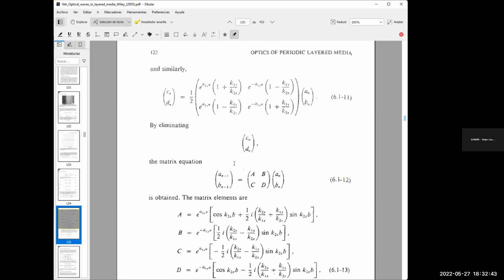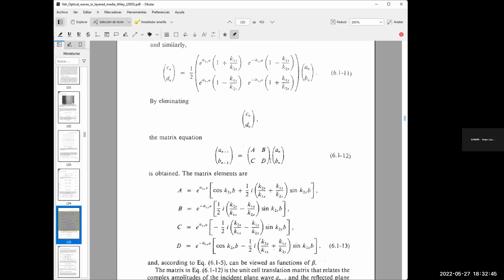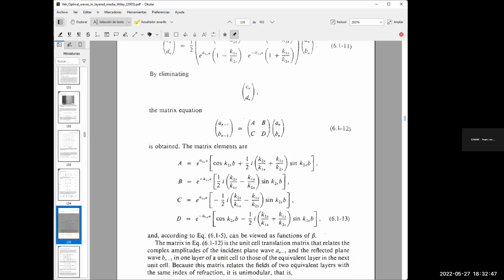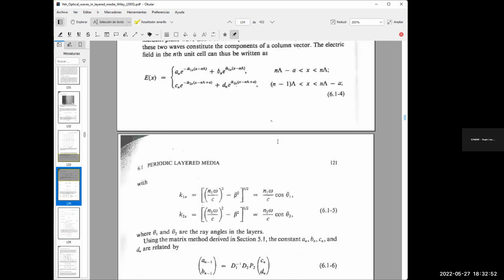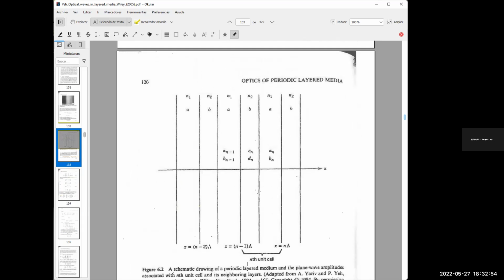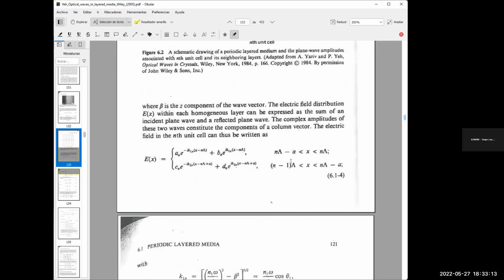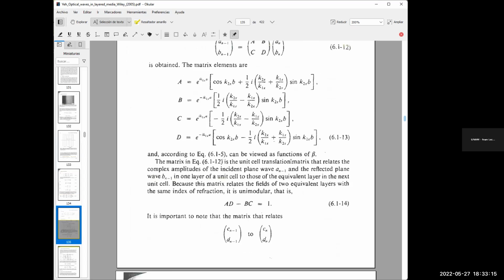It can be translated into a linear algebra problem for computation that depends only on the length of the layers, the angle of incidence of the light, and the polarization of the light. Those are the parameters that are needed to run this algorithm.